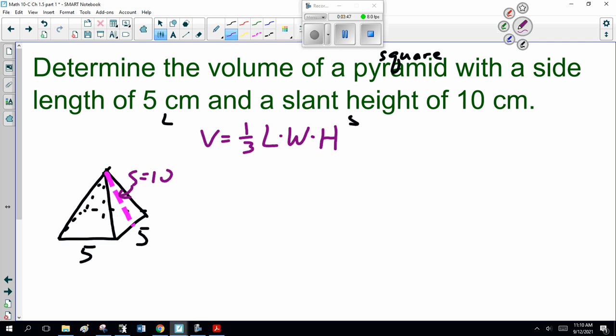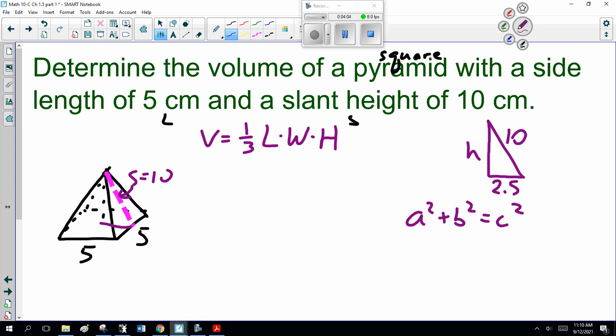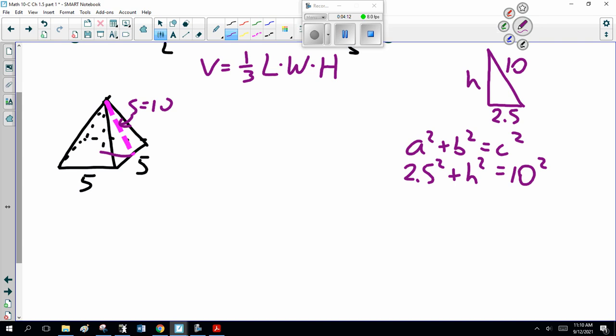So here, we have to figure the height. The slant height is 10, and how big is the base? Well, remember, the base is half the side length, so that should be 2.5. So a squared plus b squared equals c squared. Here's the other trick. 2.5 squared plus the height squared equals 10 squared.